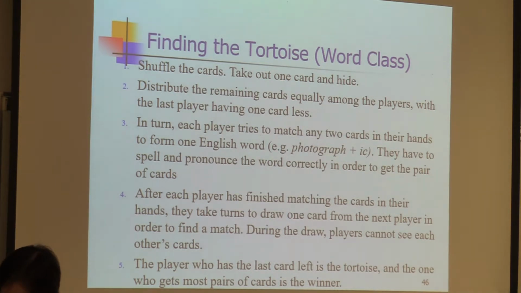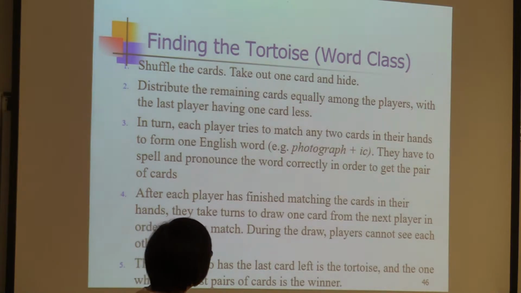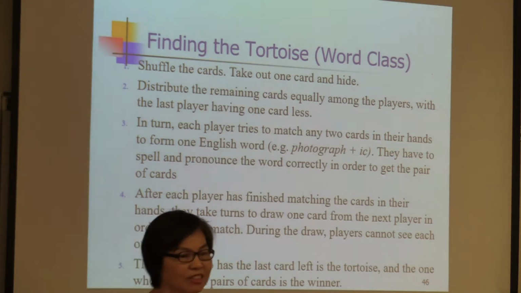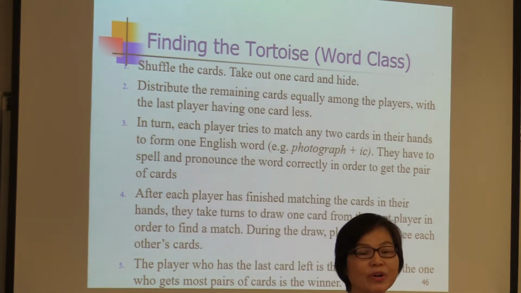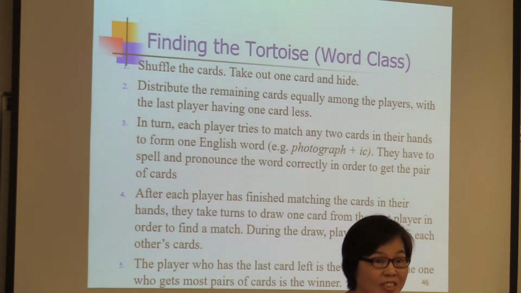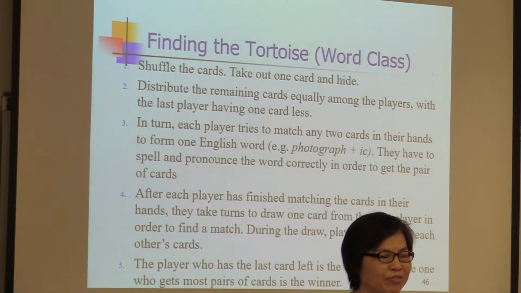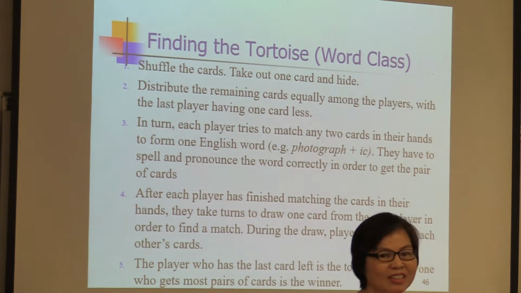And so the cards are here. What do the cards contain? They contain the morphemes. For example, poison. Then the adjective is poisonous, O-U-S. So you have the root and also the suffix, or sometimes a prefix.